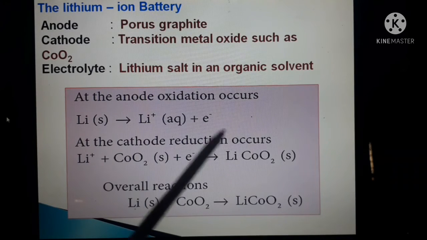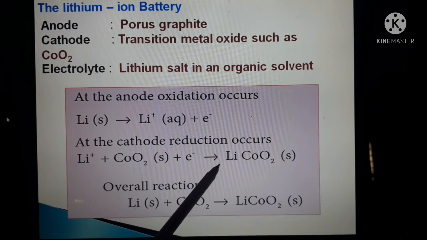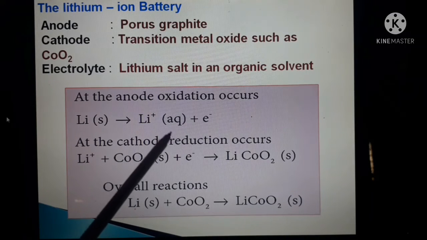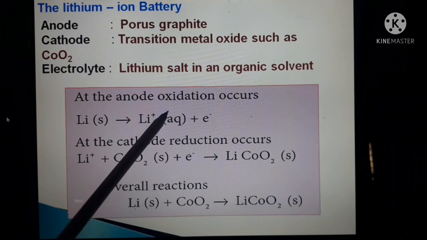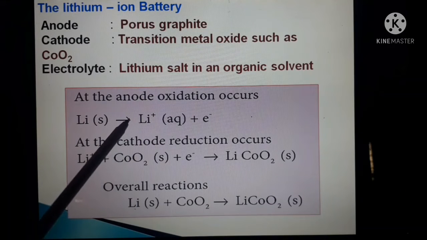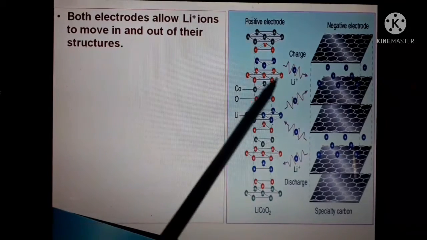In the overall reaction in a lithium-ion battery, charging and discharging occur, and this reaction goes forward and backward. This is the whole reaction in this cell. Both electrodes allow lithium ions to move in and out of their structures.